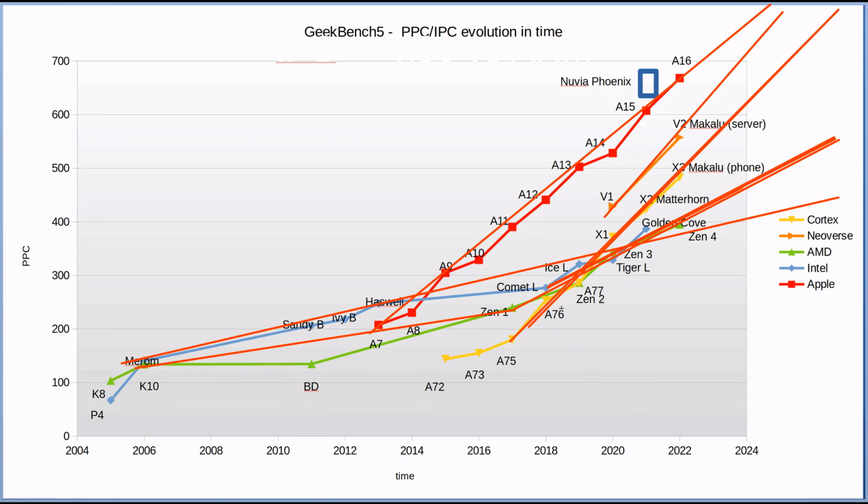So I think the x86 instruction set is limiting the IPC and the speed of development. And if this is true, then it means x86 will die. ARM will actually probably annihilate x86. This is my speculation, but it looks like this.